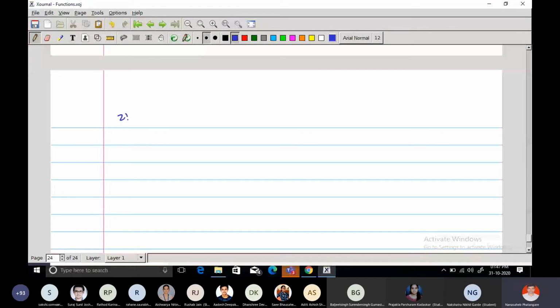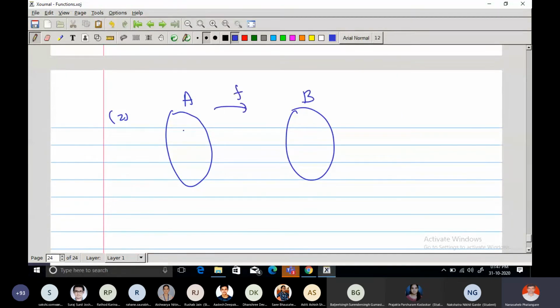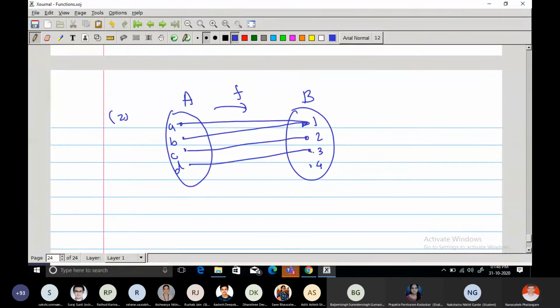Now, if I look at A, B and f is a function, with A, B, C, D and 1, 2, 3, 4. Is it a function?